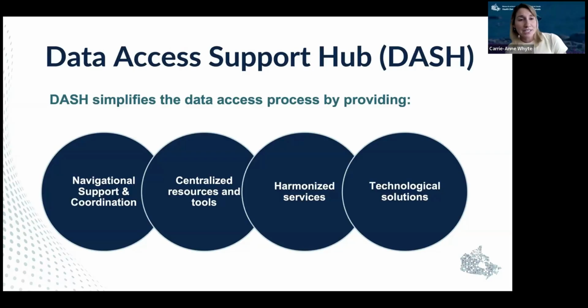And so essentially what we've created is a centralized form where researchers can provide us details around their projects and high-level data requirements, and we can look at that and essentially determine if the project is feasible at our member organizations and what the estimated cost would be. We also offer technological solutions to different challenges experienced by researchers in doing multi-regional research in Canada.